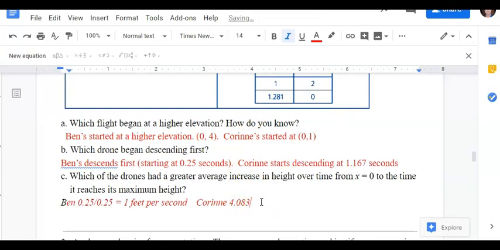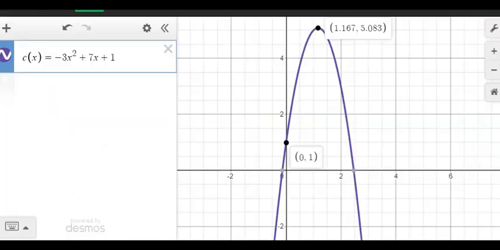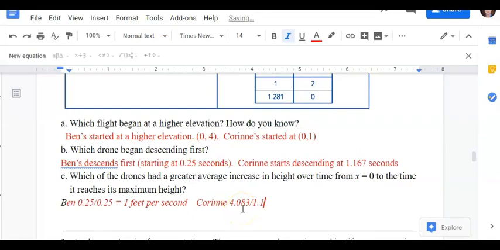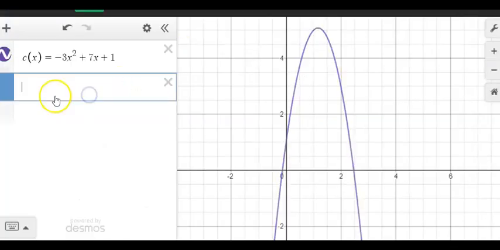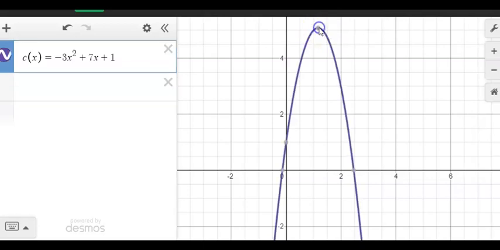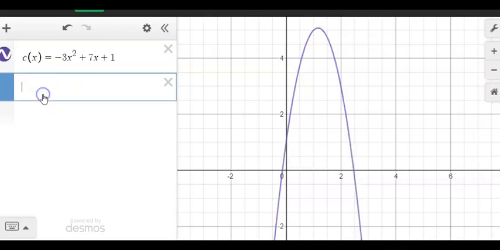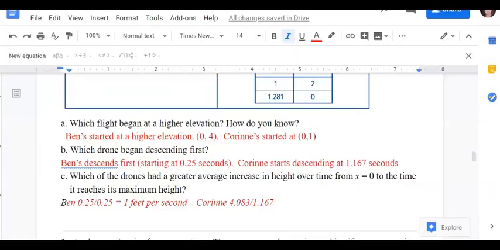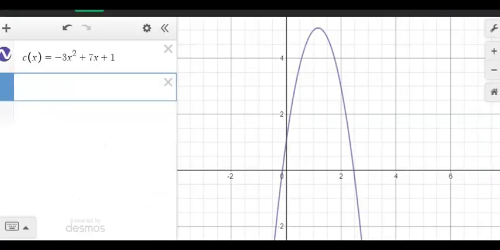All right, and then we'll divide. Let's see what her x's are. She went from 0 to 1.167. Well, that is 1.167. I'm pretty sure that's not going to equal 1. So let's divide those numbers over here in Desmos. I can't do that because it won't let me. I'm just going to type this, Control-C, and paste it in here.